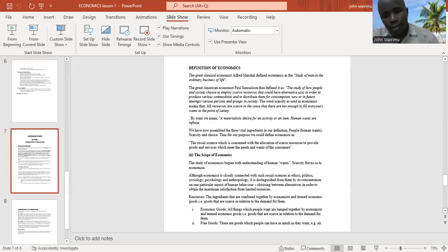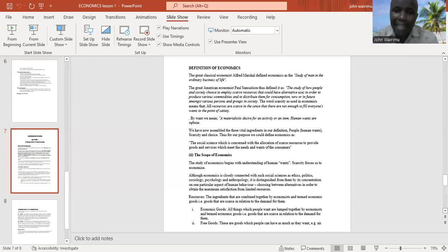Now, which project to choose? You have to make choices to get the best alternative. So between politics and economics, we are saying choosing between alternatives in order to obtain maximum satisfaction from limited resources. You are presented with several options.